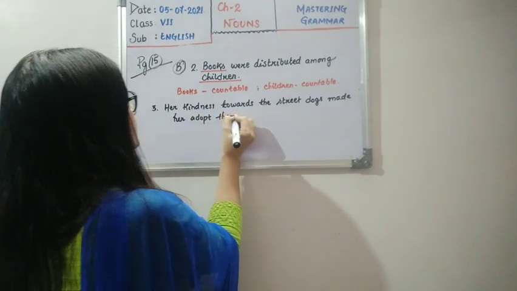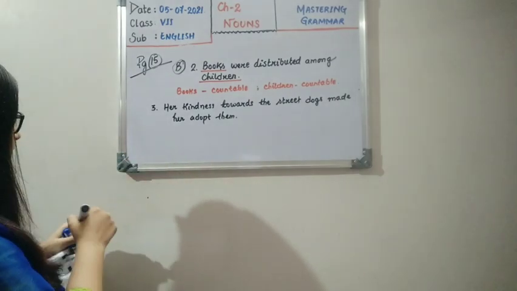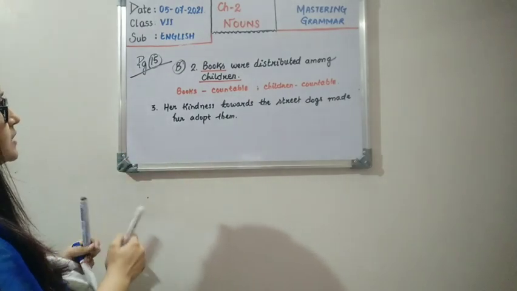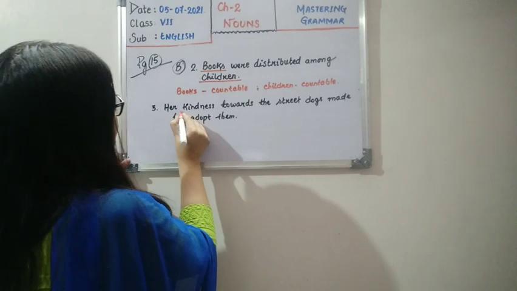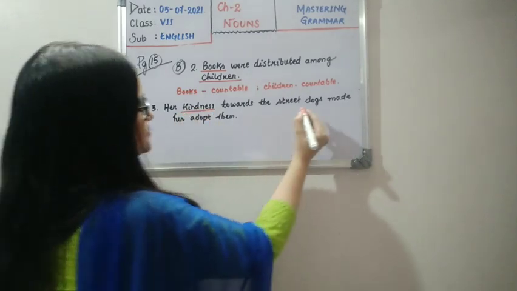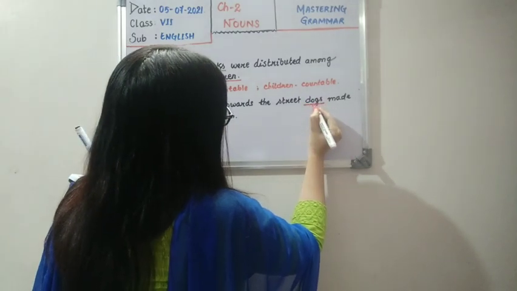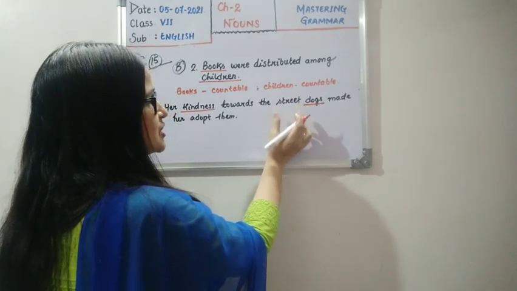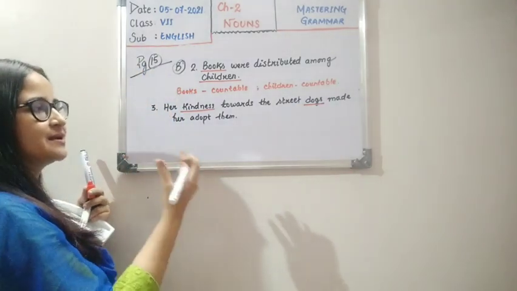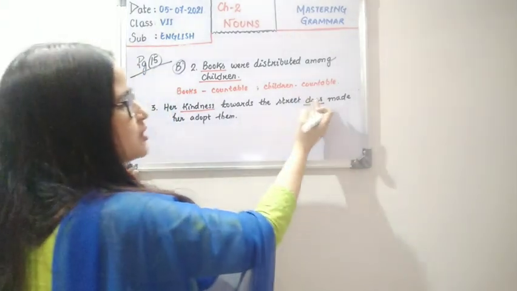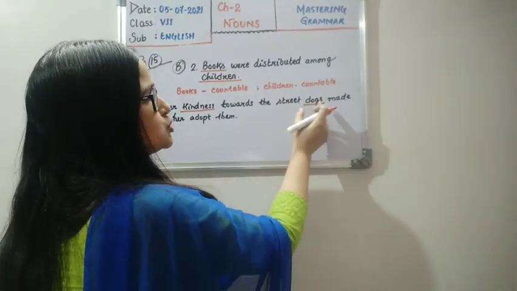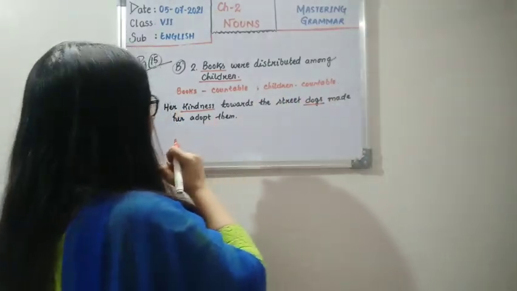Our first job is to identify the noun here. So kindness is a noun, see, and dogs. This street will be an adjective. We don't count it as a noun because we are talking about dogs, that they are street dogs. So only dogs will be our noun.